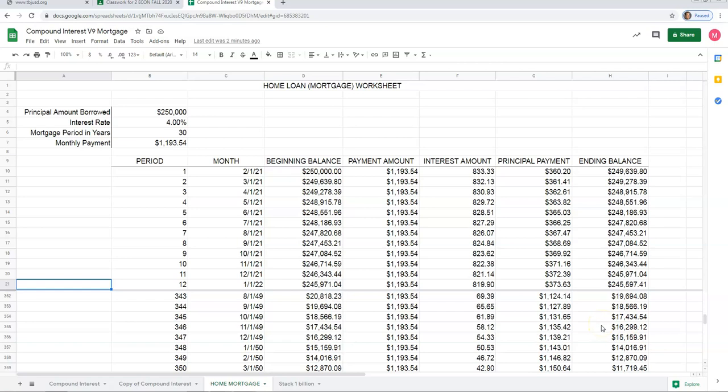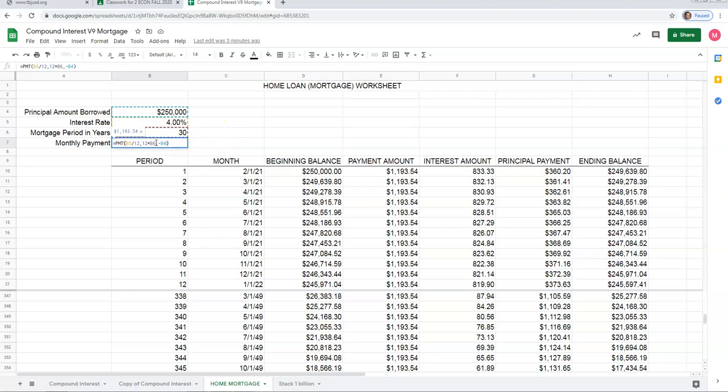Now once we've created this table, we have our variables here: principal, interest rate, and our period and time. Because we created this formula that references all of this information, we can use this loan table to solve other problems related to a mortgage or an automobile loan.